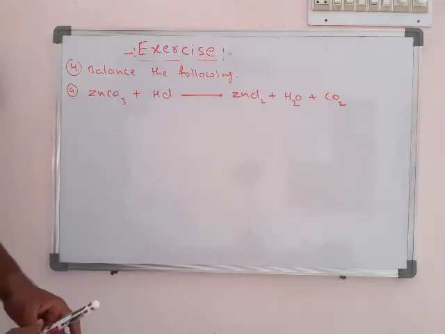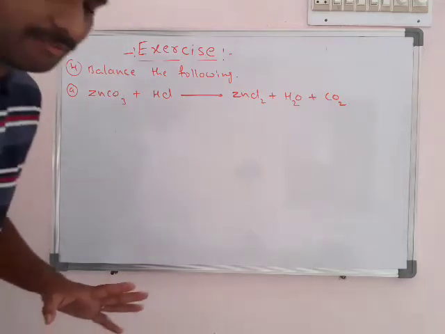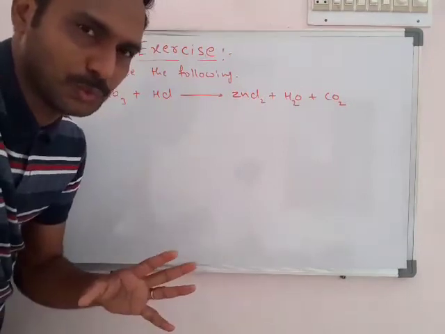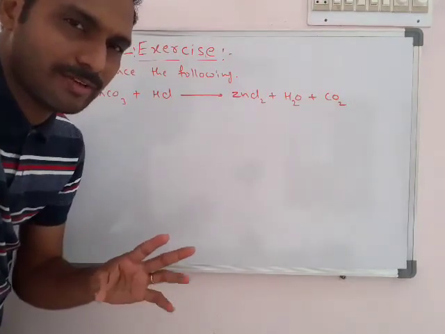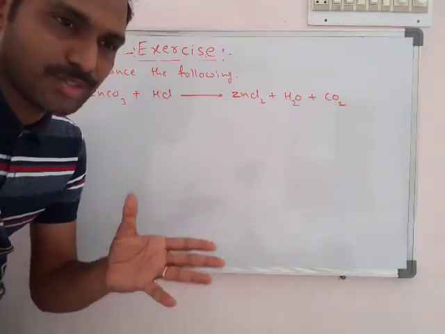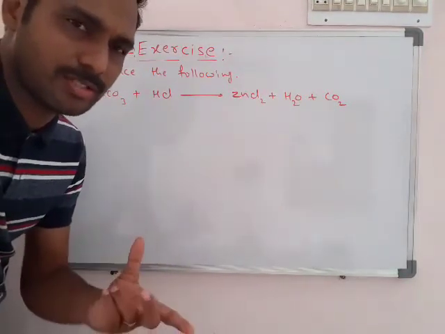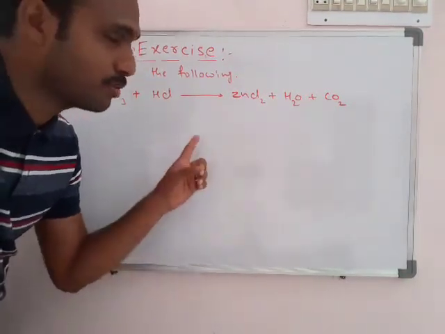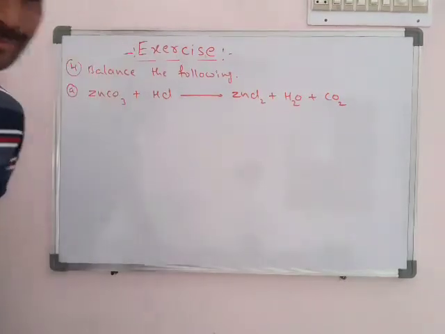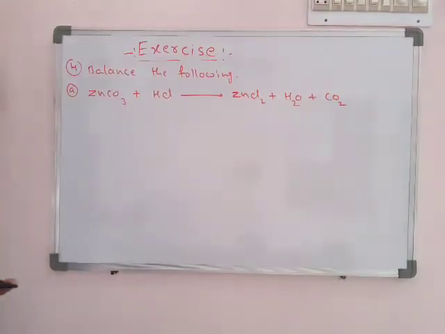If it is not possible to balance the equation by hit and trial, then go for the valency number method. Finally it is totally your choice, but you have to write the balanced equation. Here I am explaining the hit and trial method.